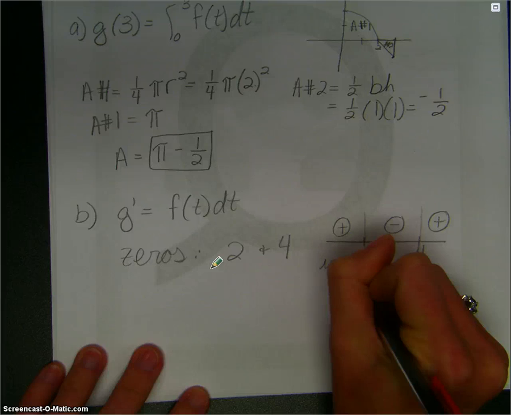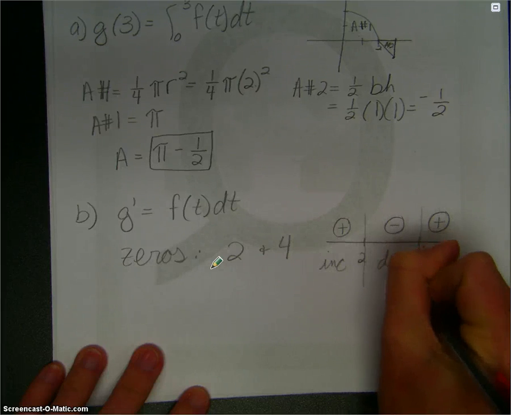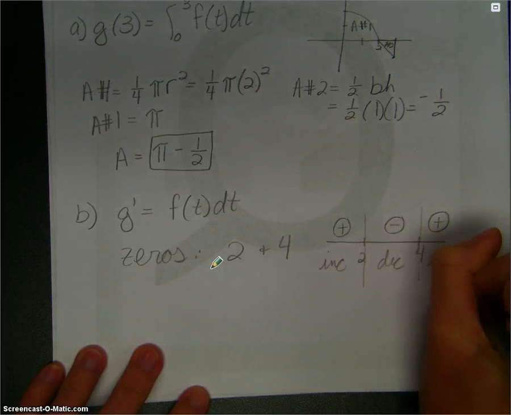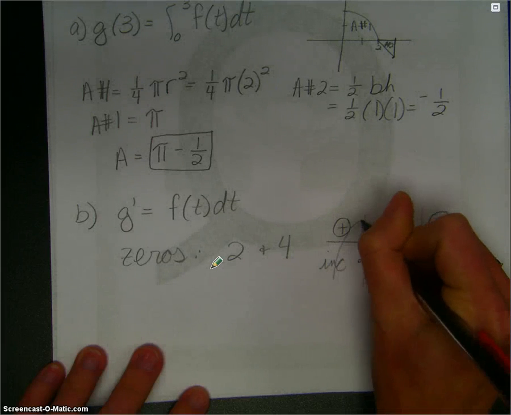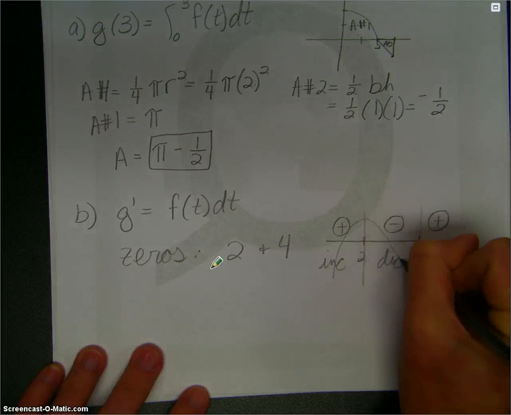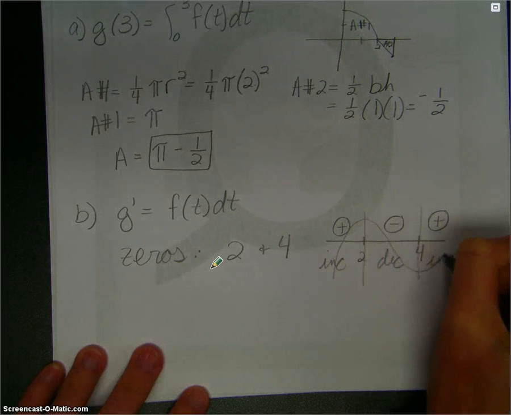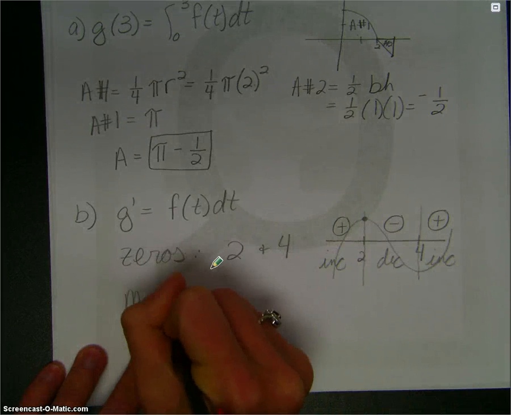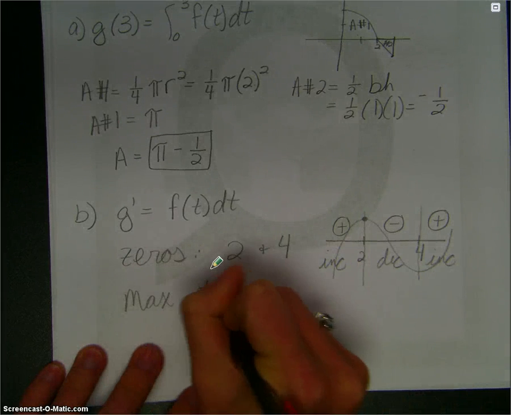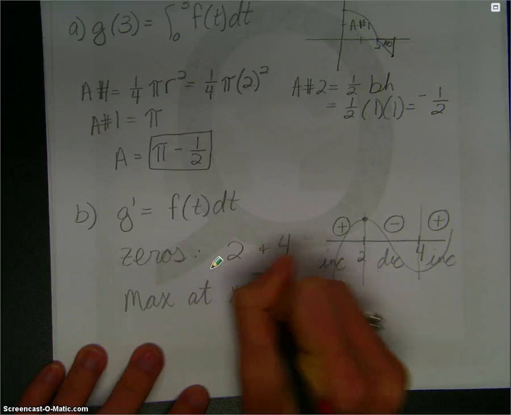So I'm going to have a graph that is increasing, and then decreasing, and then increasing. Just to get a little sketch of what this looks like, it might look something like this: increasing, and then decreasing, and then increasing, and so there is my maximum point. We're going to have a maximum at x equals 2.